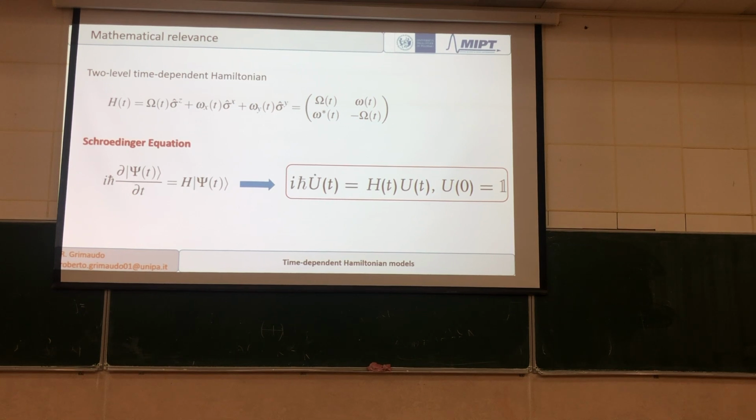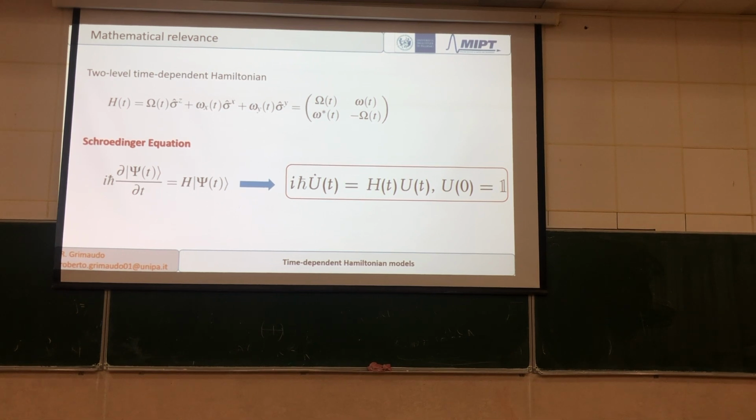Okay, so we saw why, from a physical point of view, it is so important to study the dynamics of a single two-level system or interacting two-level systems, because we have a very important application, most of all in the quantum information and quantum computation fields.